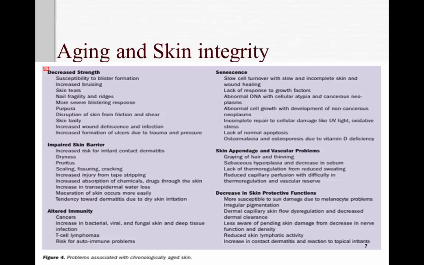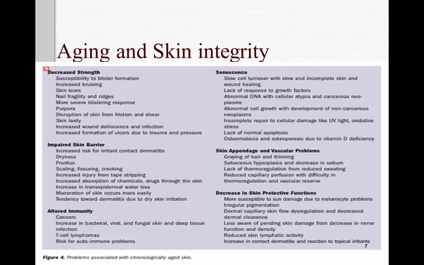So patients may have abnormal DNA and atypia. There's more predisposition for impaired apoptosis, so neoplasms could be present, like squamous cell carcinoma and melanomas. Skin appendage and vascular problems could be present, so patients have graying of hair, thinning of the skin, as I said already, reduced capillary perfusion, and changes with thermoregulation.